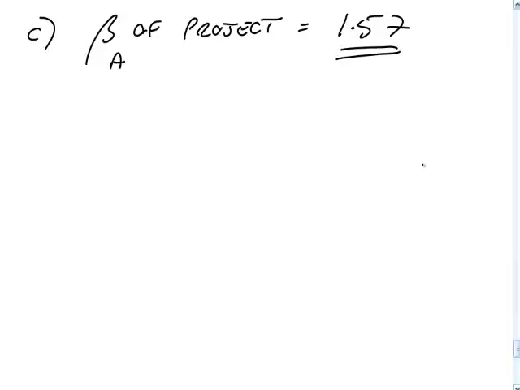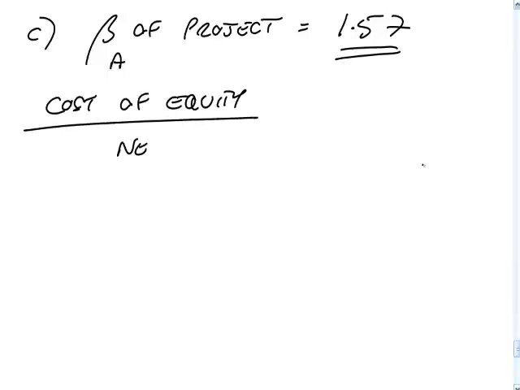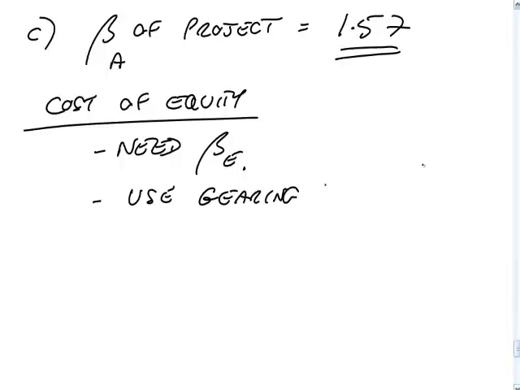We need cost of equity, cost of debt, weighted average, as before. For cost of equity, we need the equity beta. To work out the equity beta, you'll use the gearing in the project always.